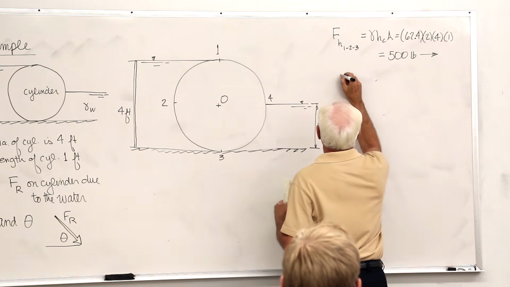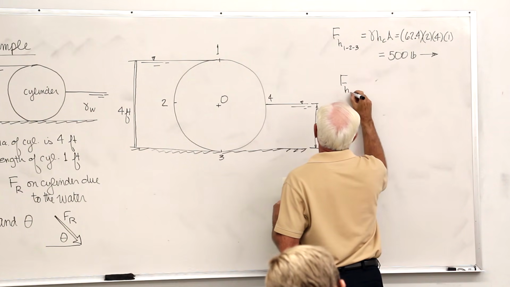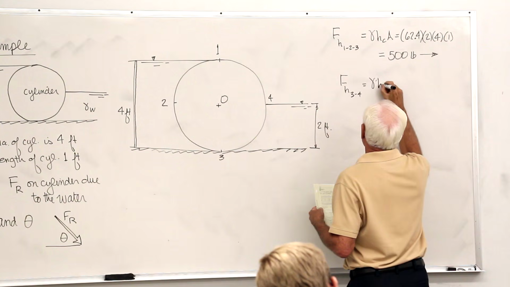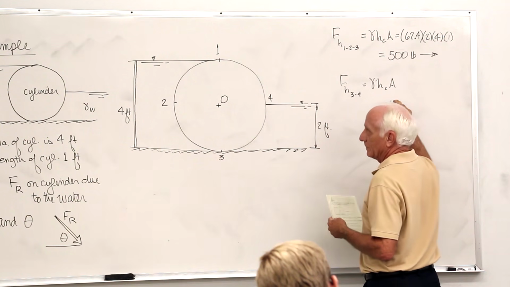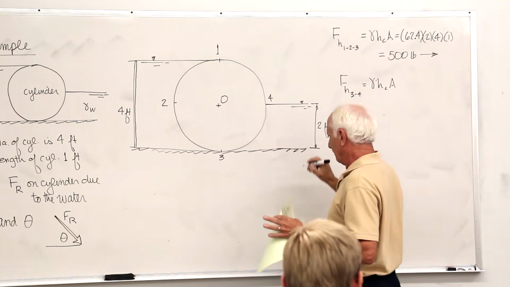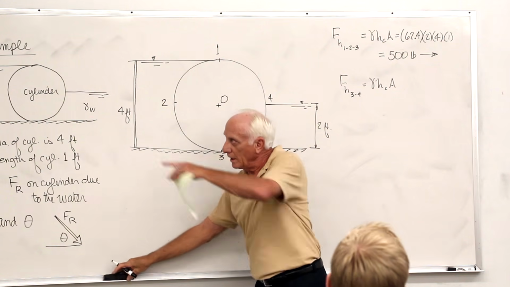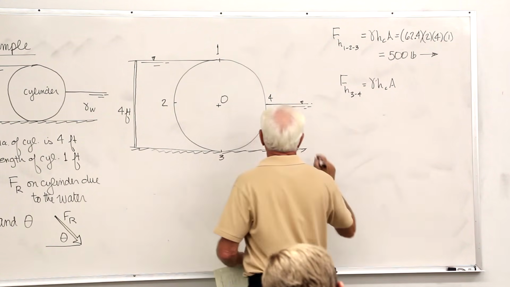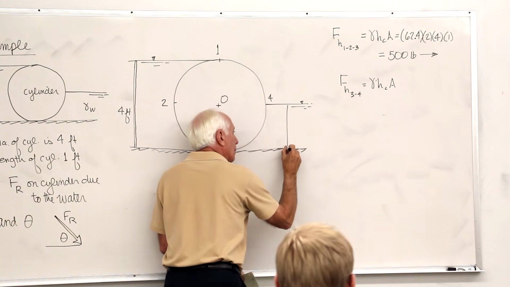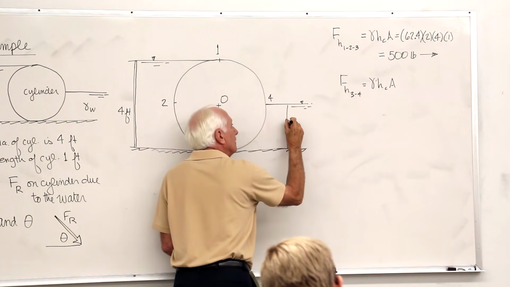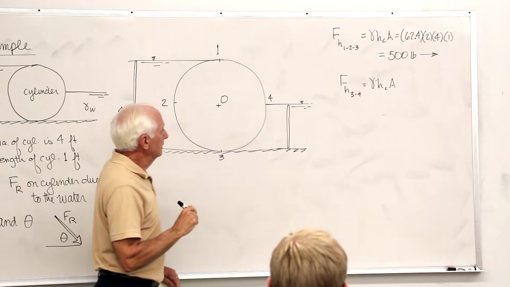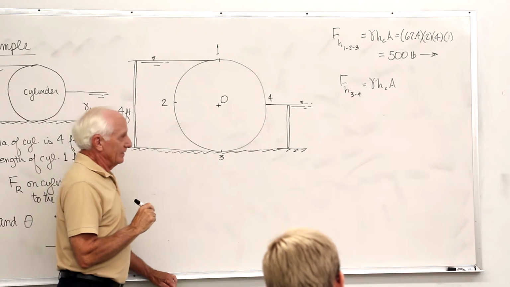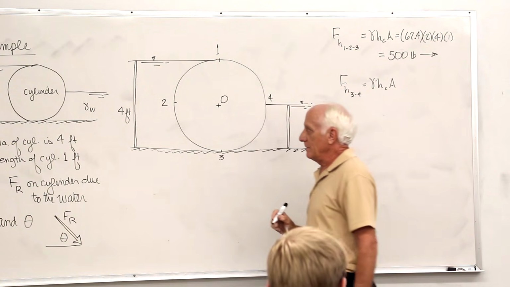Surface 3, 4. F horizontal on 3, 4. Gamma H sub C A on projected surface 3, 4, as the rule says, on a vertical plane. Pardon me. There it is. How far below the free surface is the centroid? Half the way down.